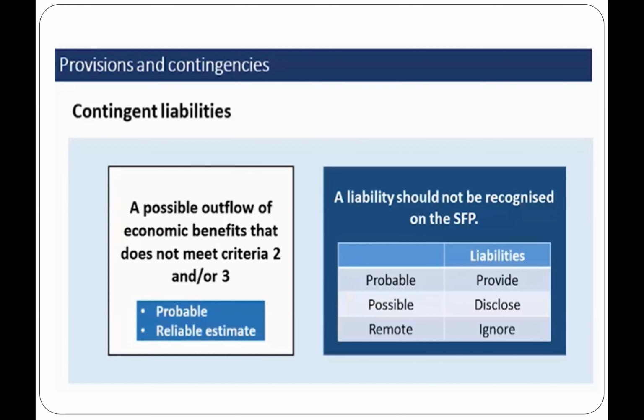Now, when it comes to probability, you will see that I wrote a possible outflow as opposed to a probable outflow, because as long as the outflow becomes probable, it means we need to make a provision. So if it's probable, which means it's more than 50%, we make a provision. But if it is possible, it means the probability is 50% or lower.